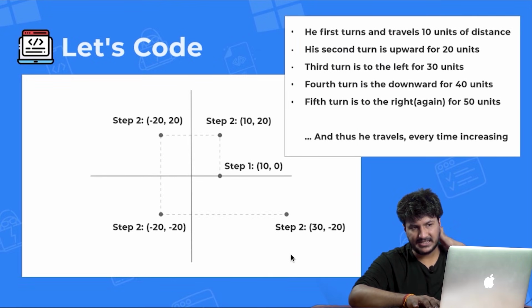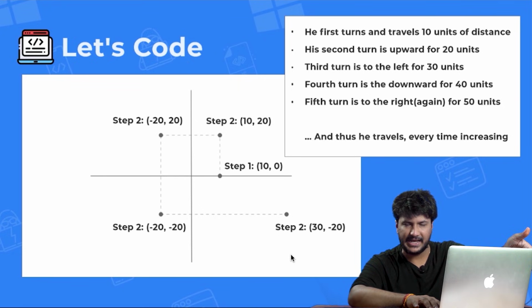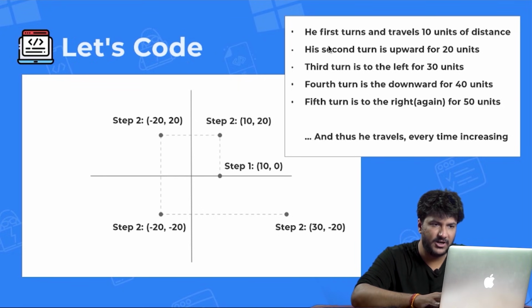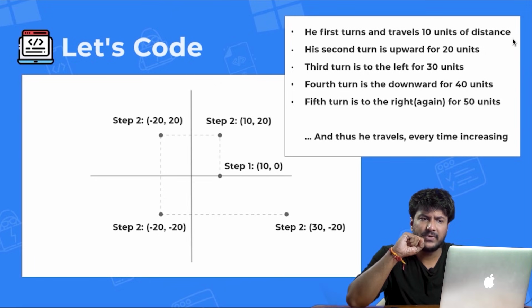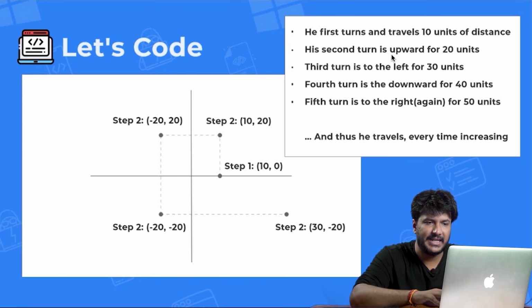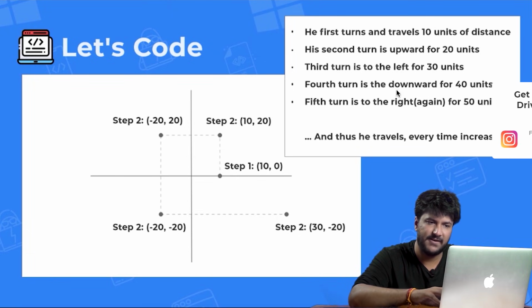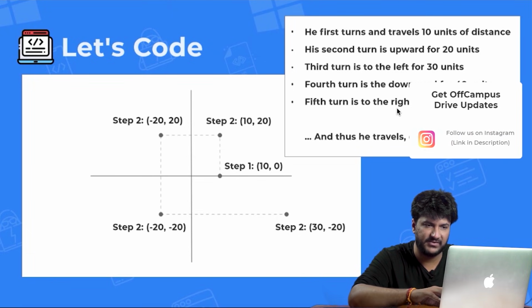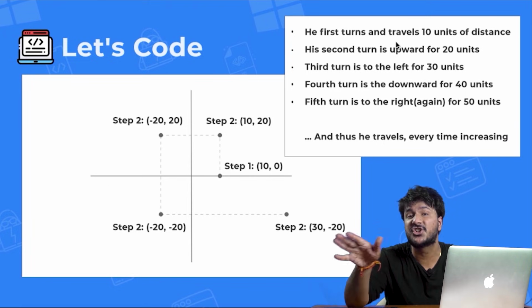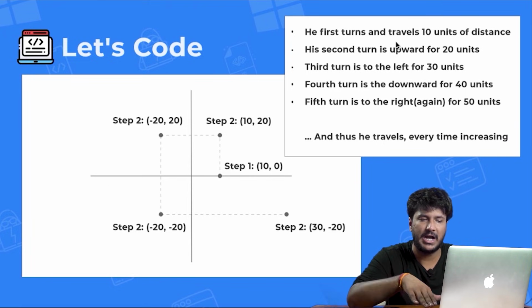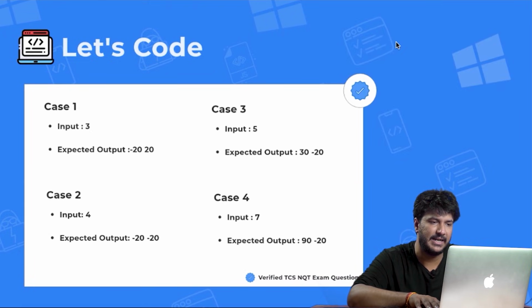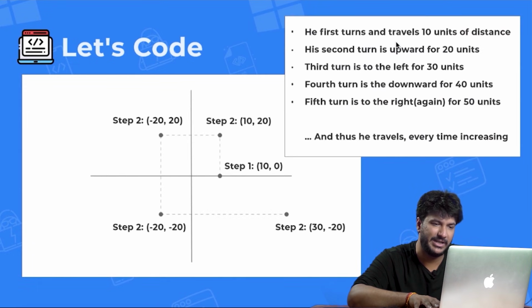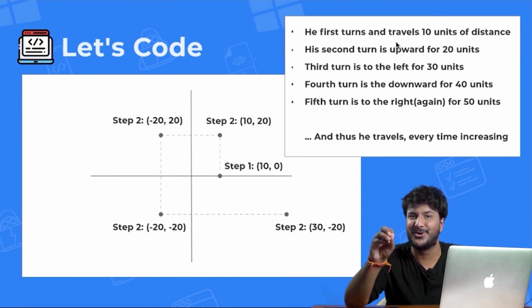So the first thing that they are saying is, and in fact I've made a diagram for your help also, he first turns and travels 10 units of distance. Now this time a lot of students were confused that, okay sir, second time they are telling upwards, third time left, fourth time downwards, fifth time right, but the first time they've not told which direction he moves. So either you can do hit and trial and test which test cases are matching manually, or you can read English properly.